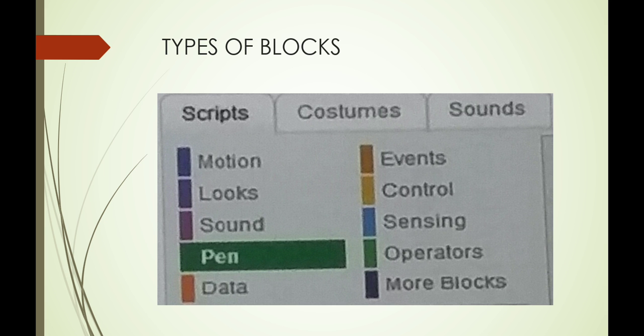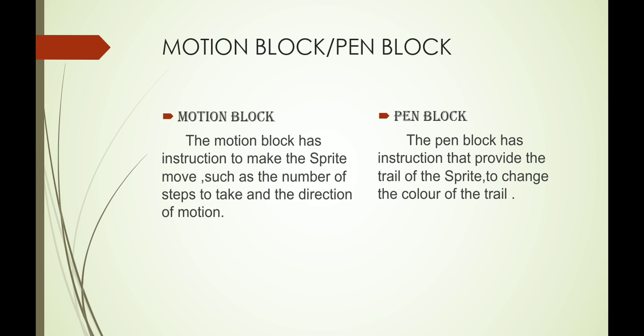Next, types of blocks. These are the types of blocks: motion block, look block, sound block, pen block, data block, event block, control block, sensing block, operator block, and more blocks. Motion block is used to move or turn the sprite.